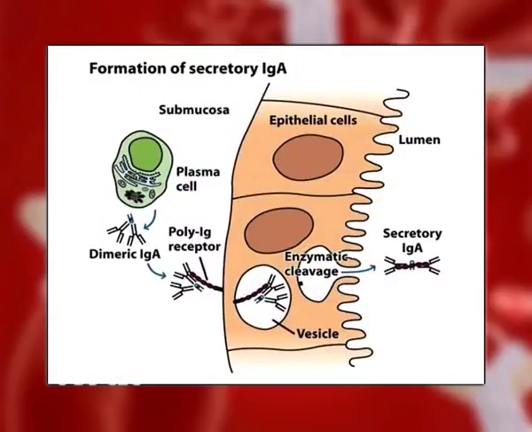After polymeric IgA binds to the poly-Ig receptor, the receptor-IgA complex is transported across the epithelial barrier to the lumen. Transport of the receptor-IgA complex involves receptor-mediated endocytosis into coated pits and directed transport of the vesicle across the epithelial cell to the luminal membrane, where the vesicle fuses with the plasma membrane.